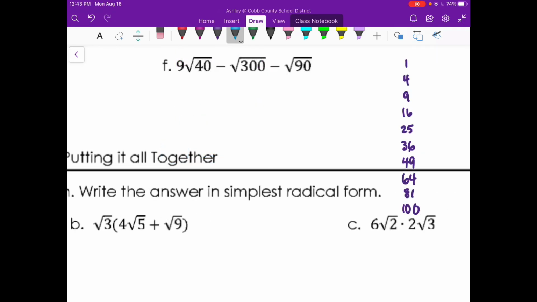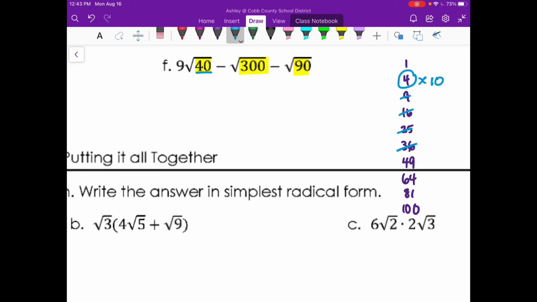All right, here's our last example in this set. And I can see that with my radicands, none of them match, and they can all be simplified. So I'm going to start there. I'm going to ask myself, what can I divide 40 by on the list of perfect squares? 36 is too big, 25 is too big, 16 is too big, 9 is too big, but 4 times 10 is 40.